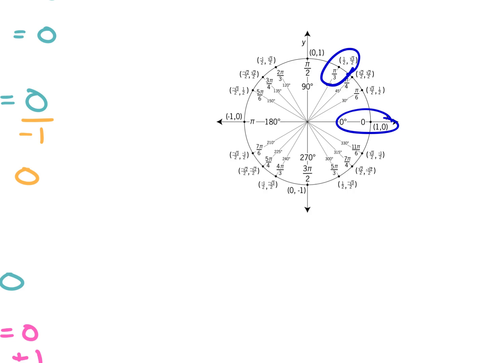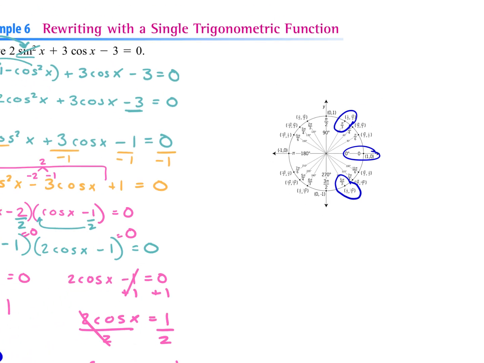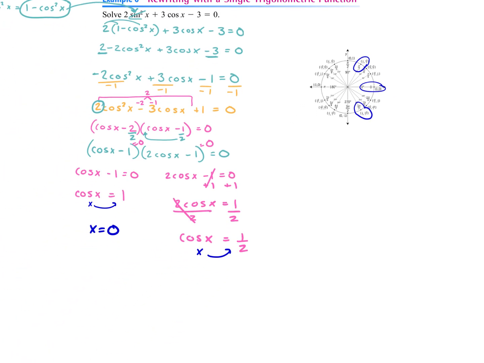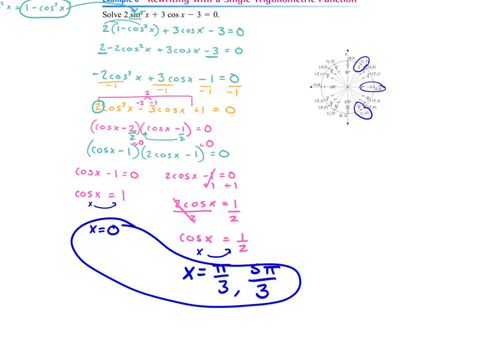Anywhere else? Pi over 3, perfect. So we have x equals 0, x equals pi over 3, and x equals 5 pi over 3. So those are our 3 answers.